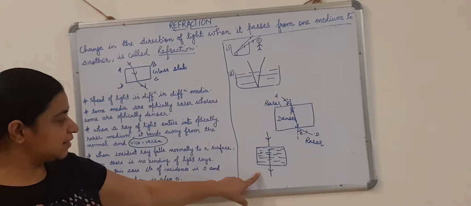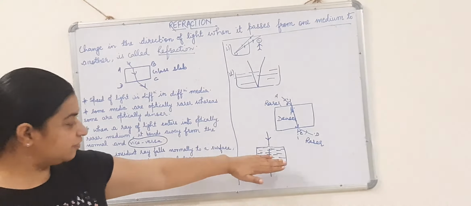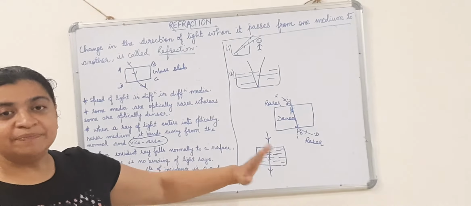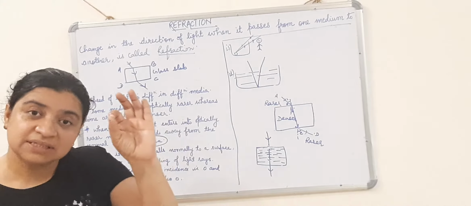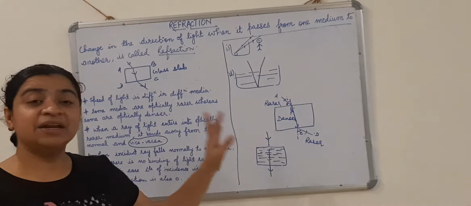The reason is that at the interface of two media, the angle of incidence made with the normal is 0. That is why there won't be any refraction.